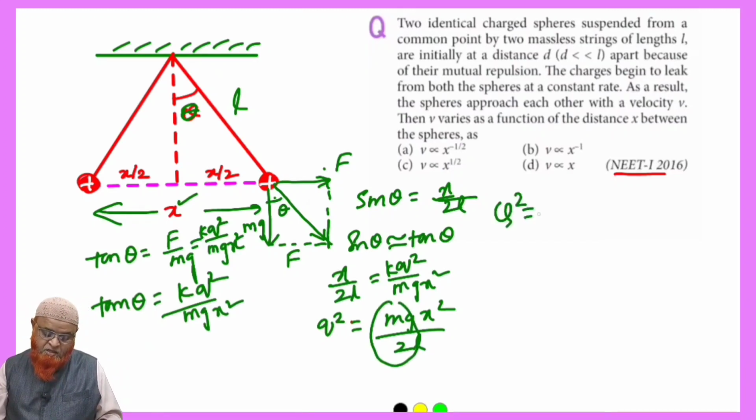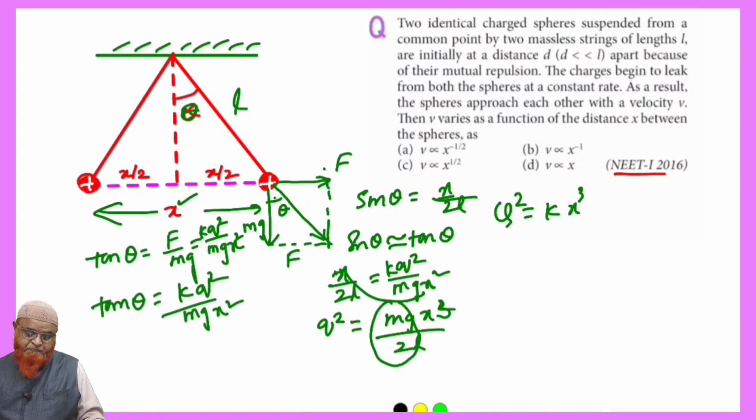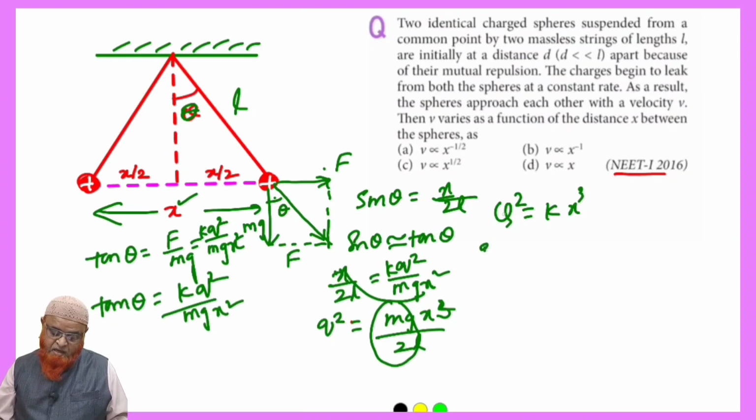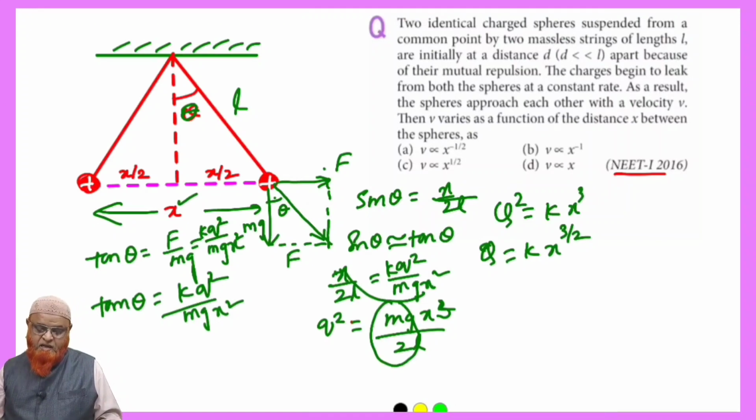We can write q square is equal to, okay, here x will become x cube, because if you do cross multiplication here, it is going to become x cube. So therefore q square is directly proportional to x cube, and k taken as k into x cube. Then after that differentiate here. q, if you take here, x power of 3 by 2 goes to that side, square goes to that side, becomes 3 by 2 here.